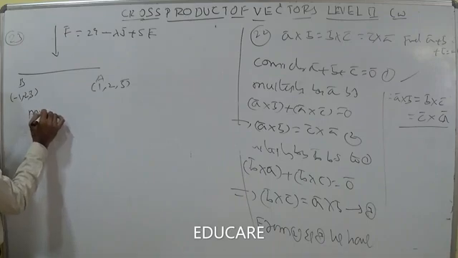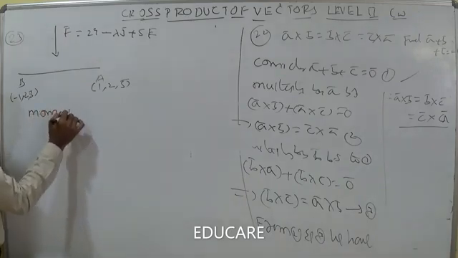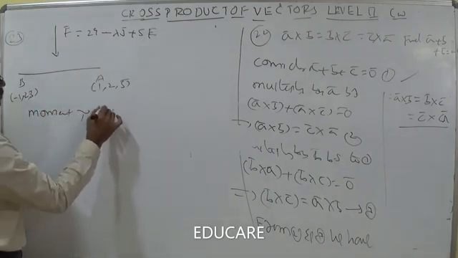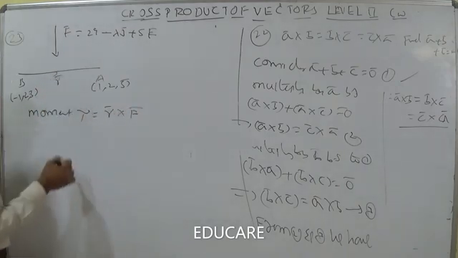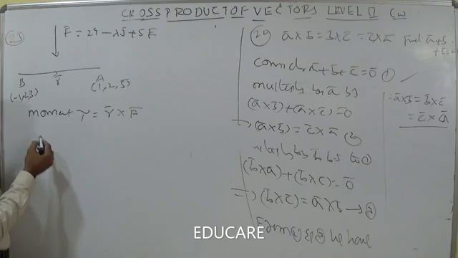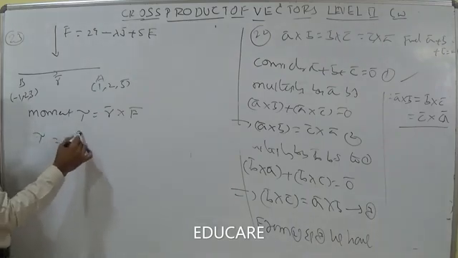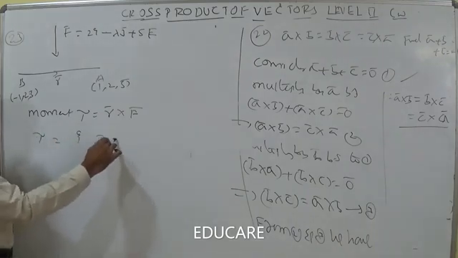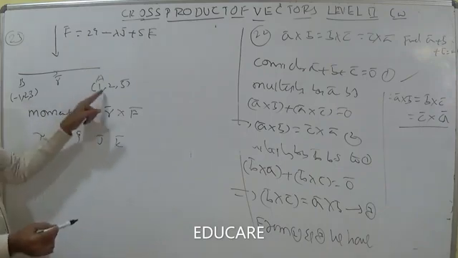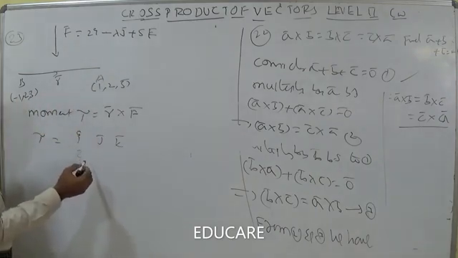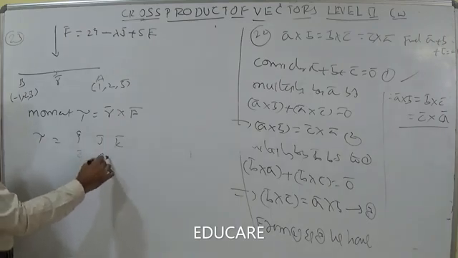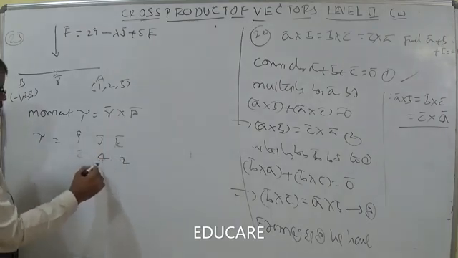Moment formula: moment, torque tau, is equal to R cross F, as we discussed. R bar means BA here. So tau is equal to the determinant with i, j, k, and R bar is OA minus OB: 1 minus minus 1 is 2, 2 plus 2 is 4, and 5 minus 3 is 2.